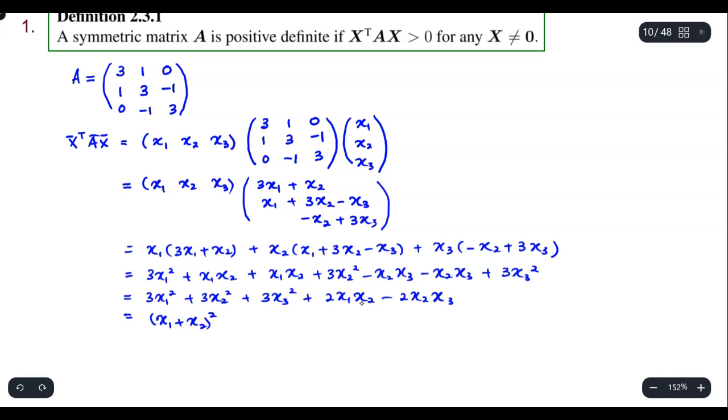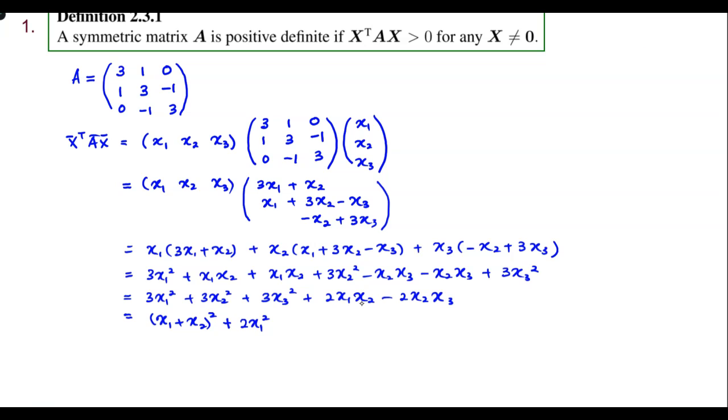But in the previous expression we have 3x1 square, so we need to add 2x1 square.